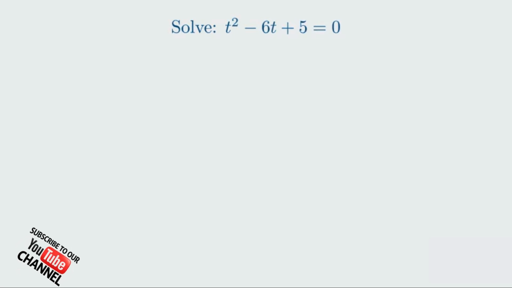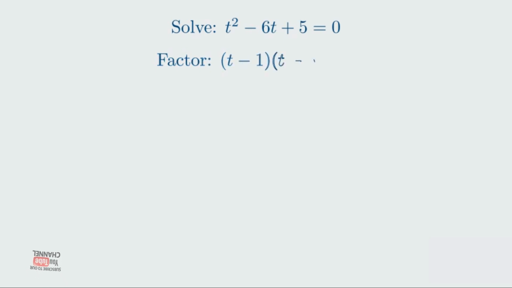Our equation is t squared minus 6t plus 5 equals 0. We can factor this quadratic equation. We need two numbers that multiply to 5 and add up to minus 6. These numbers are minus 1 and minus 5. So, the equation factors into the quantity t minus 1 times the quantity t minus 5 equals 0.